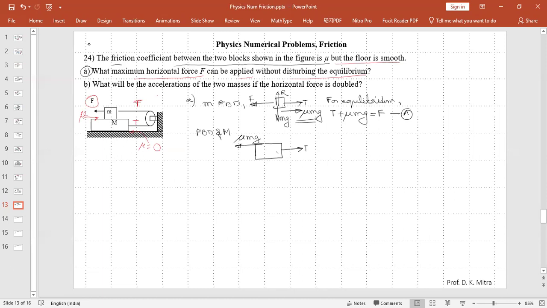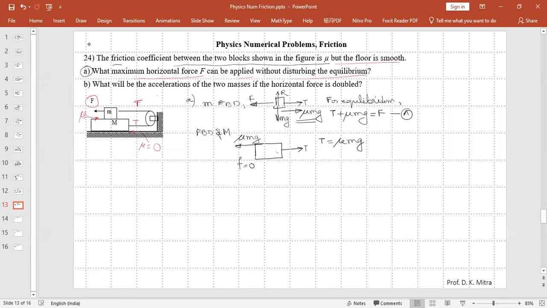And there is no frictional force with the table. So for understanding, we write frictional force with the table is 0. So from here, we find that T is equal to mu mg.